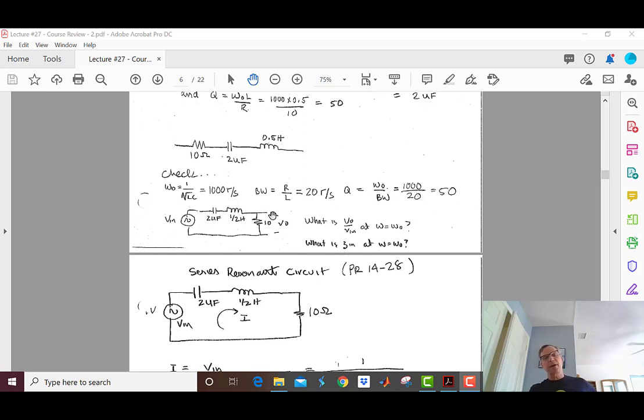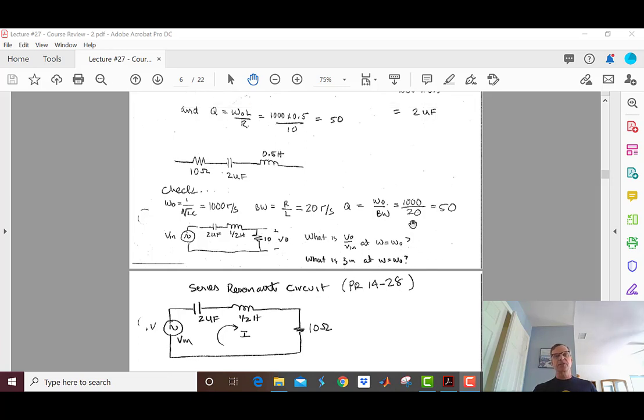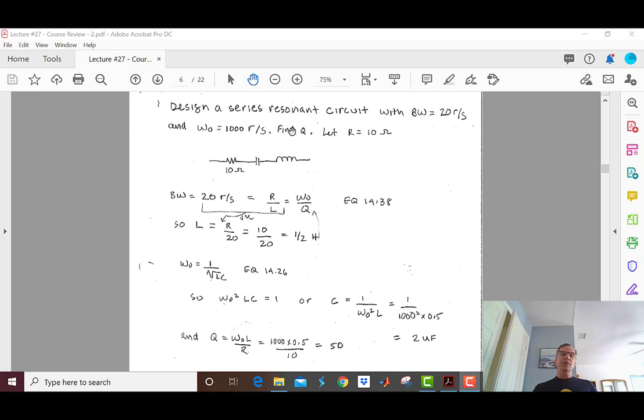Now, similarly, for a parallel resonant circuit, the inductor and the capacitor in parallel give you an infinite impedance at the resonant frequency. So make sure you understand that, because that's the important stuff for these resonant circuits. The turning the crank stuff here is nice, but the problems, of course, aren't going to be purely turn the crank. You got to turn the crank, but you got to know how and why to turn it.